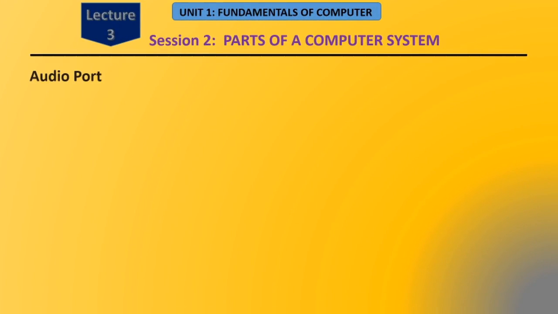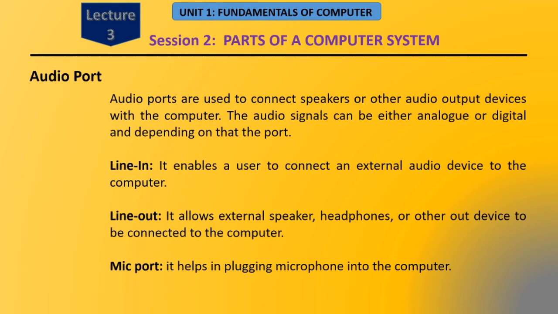Next type is audio port. Audio ports are used to connect speakers or other audio output devices with the computer. The audio signals can be either analog or digital, and the port depends on that. Audio ports are of three types. First is line in.